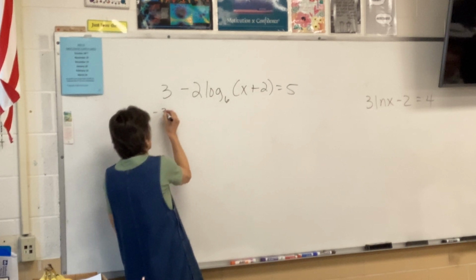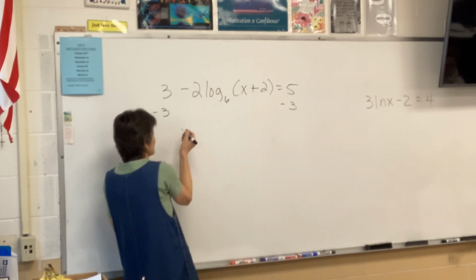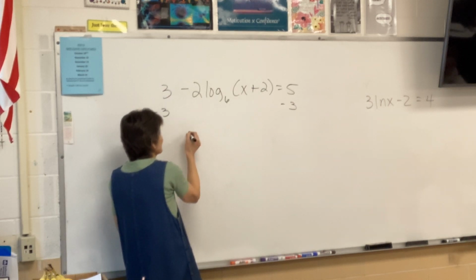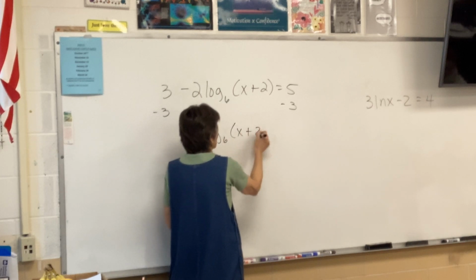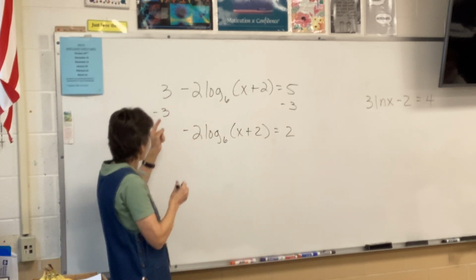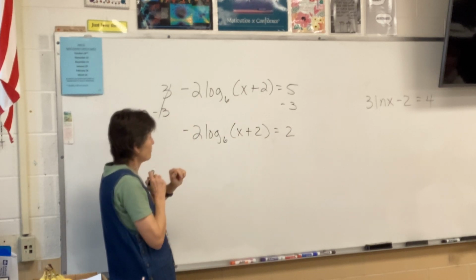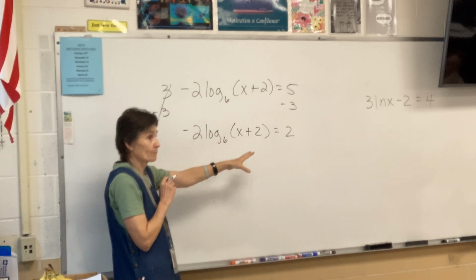Subtract the 3. Now be careful, because what that's going to leave you with is negative 2 log base 6 x plus 2 equals 2. Don't lose that negative there. When you subtract the 3 to cancel it off, you're left with negative 2 log.